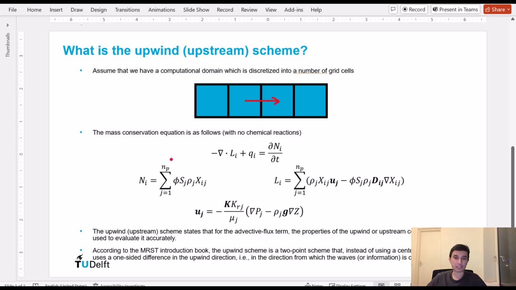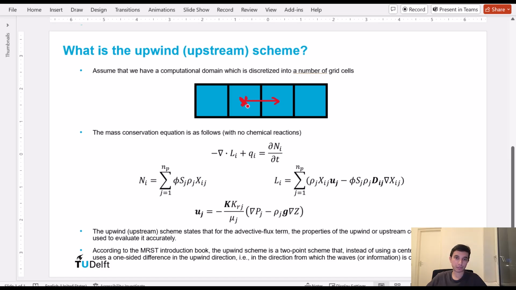All right. So, for example, in this case, for the evaluation of the advective term, we use the phase density of this cell. We use the mole fraction of the component that we have in phase J in this cell. All right. And even for the evaluation of Darcy's velocity of phase J, we need to use properties like phase relative permeability.